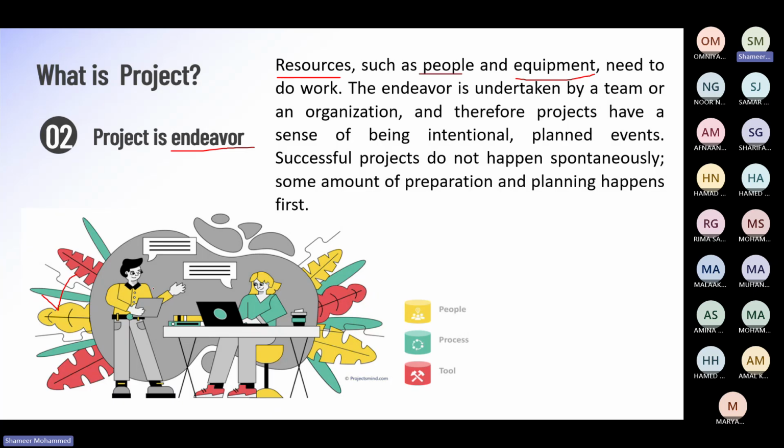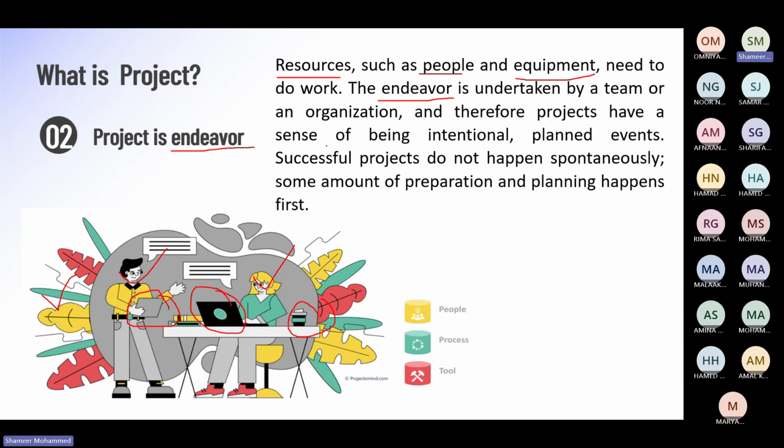So resources are people and equipment. You need them to do your work. So now you are attempting. You are putting your effort in by undertaking that project, doing it and completing it in order to achieve success.